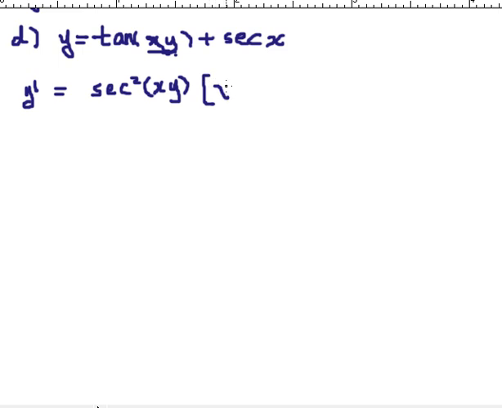So we have the first times the derivative of the second. For the derivative of y, we write y prime, plus the derivative of x, which is 1, so I won't write that, times the second, y. Okay, here we still have the derivative of secant x, which is secant x tangent x.